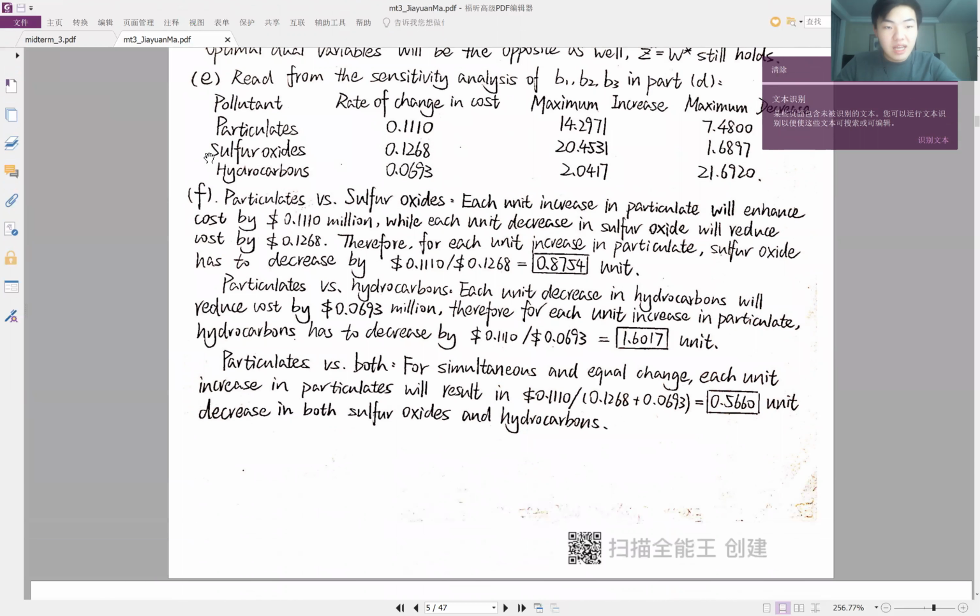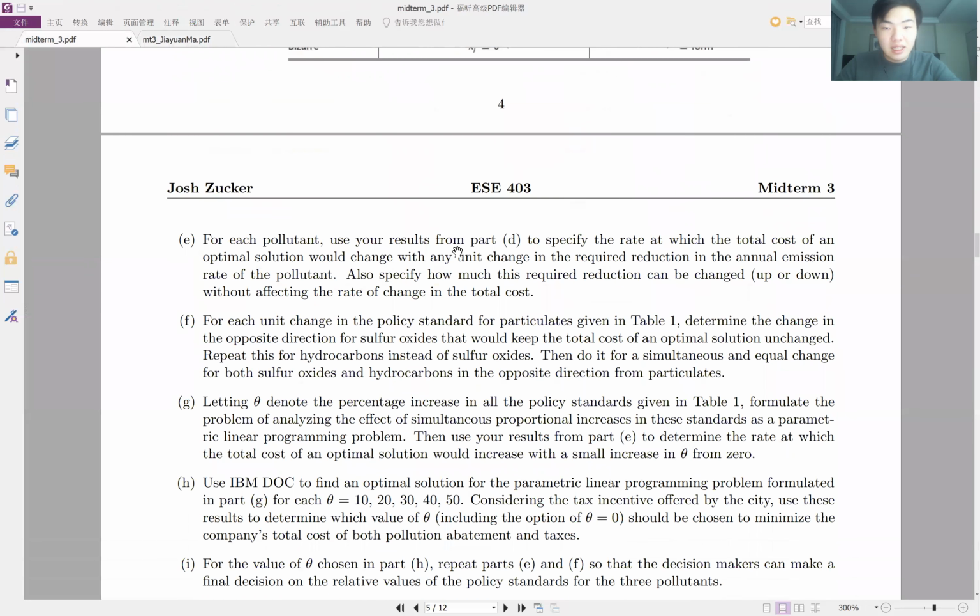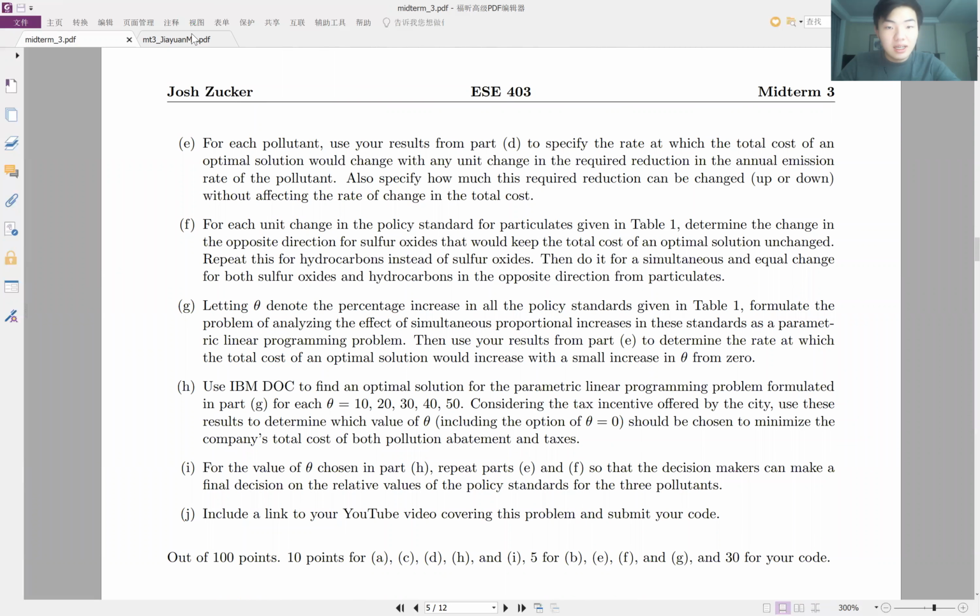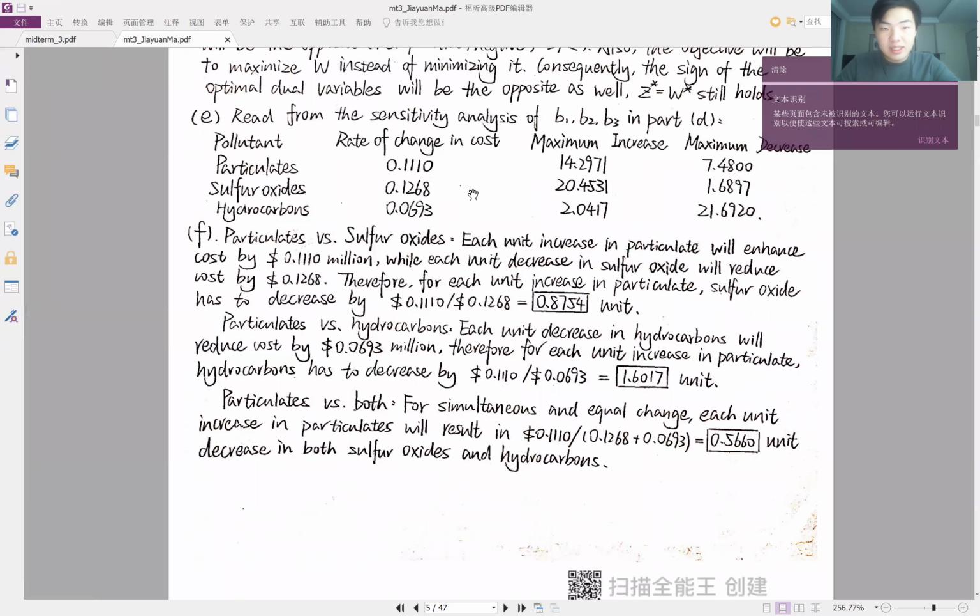And let's see, for part F, we want to see how we make a trade-off between different pollutants. So basically, after we have already known the rate of change in cost of these 3 different pollutants, all we need to do is divide one by another. For particulates and sulfur oxides, just divide and get the corresponding unit changes in the opposite direction.